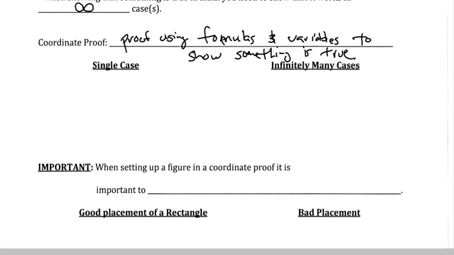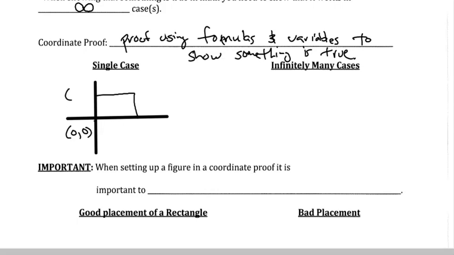All right, so I've given you the basics that we just need to use variables rather than numbers, but I'm sure that doesn't make complete sense to you. Let me go ahead and show you the difference between a single case and infinitely many cases. Here would be a single rectangle. If I called this 0, 0, then I went up by, let's say, 3.